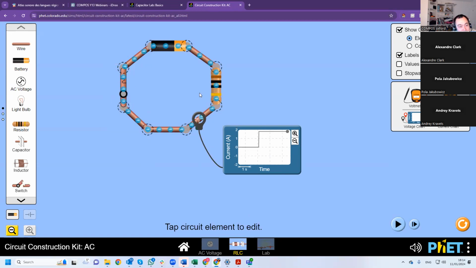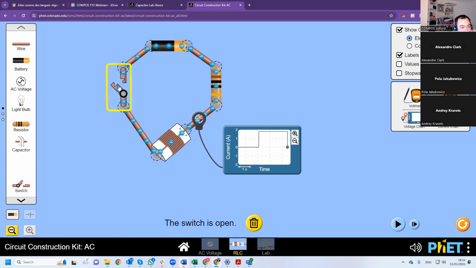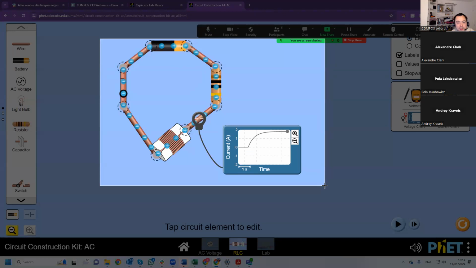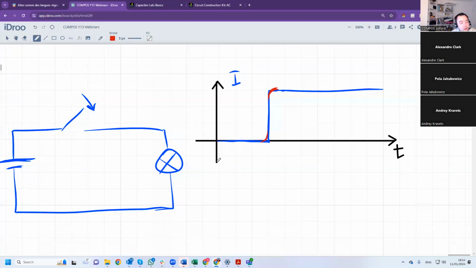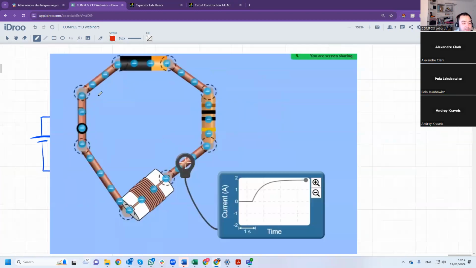It never actually happens that way. And to see what was going on, we can place an inductor, and you can see that the graph takes this shape. The inductor slows down the change in current.